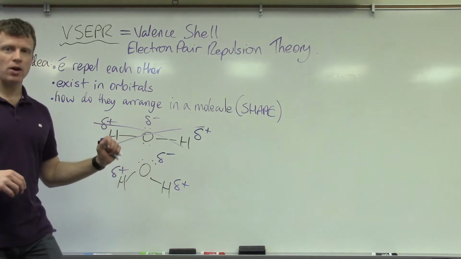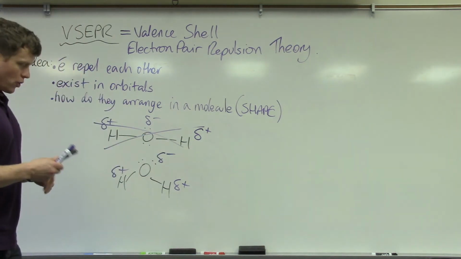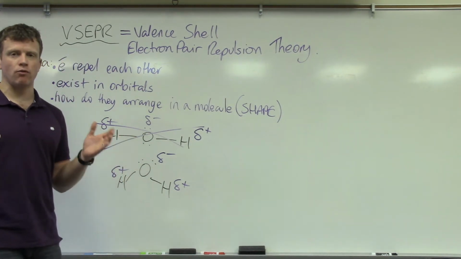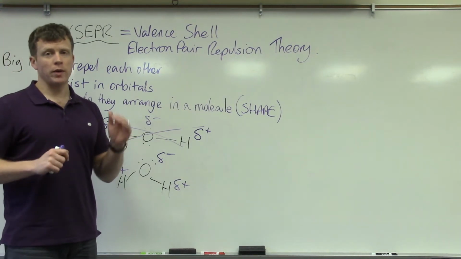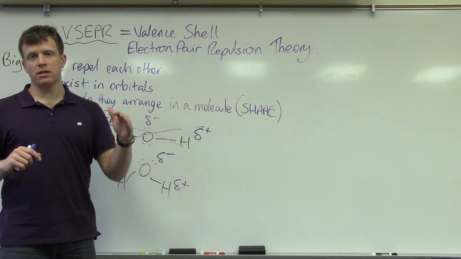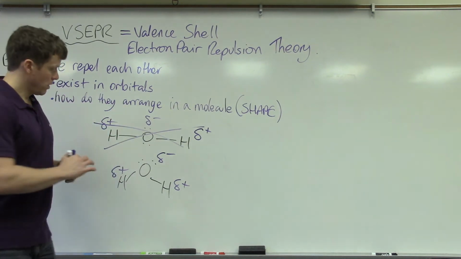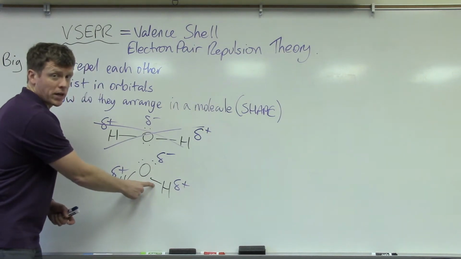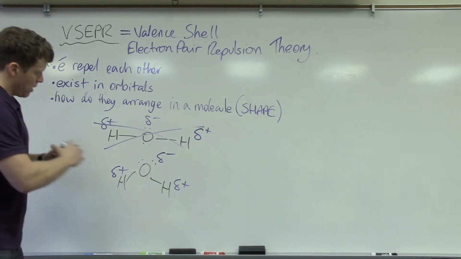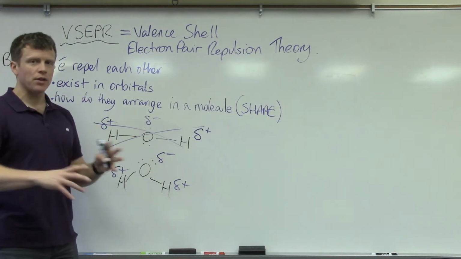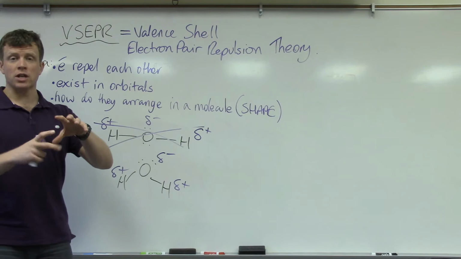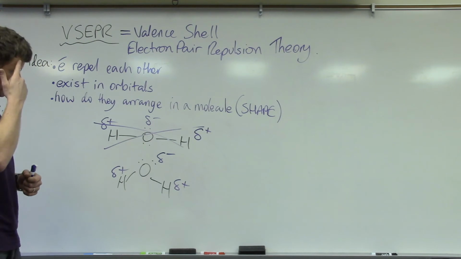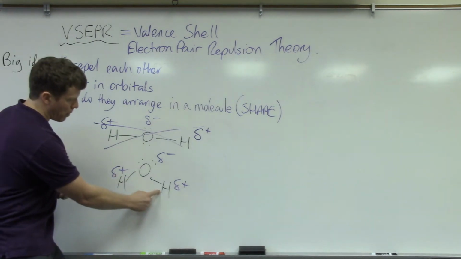And we can use VSEPR theory to talk about the shape. Because you've got two lone pairs of electrons, that's the strongest amount of repulsion you can get between pairs of electrons. It goes lone pair with lone pair, then the next is lone pair and a bonded pair. So this would be the strongest, this would be next, and then the two bonded pairs would be the weakest. So this shape has to come together so that the lone pairs of electrons can take up as much space as they need, because they're taking up a lot more space than the bonded pairs.